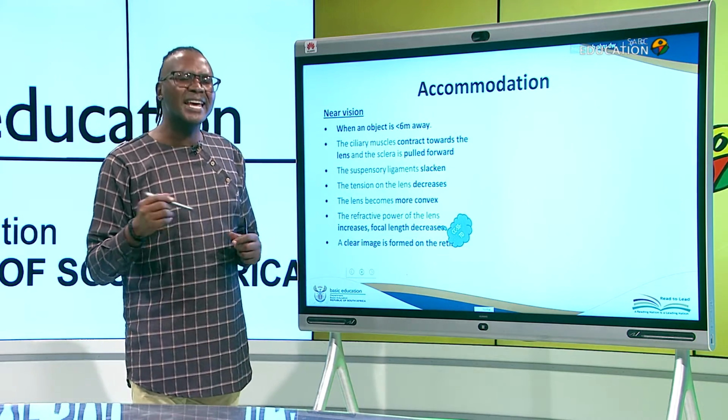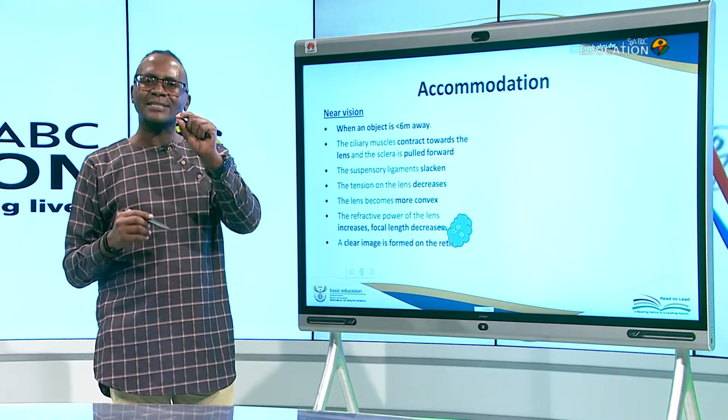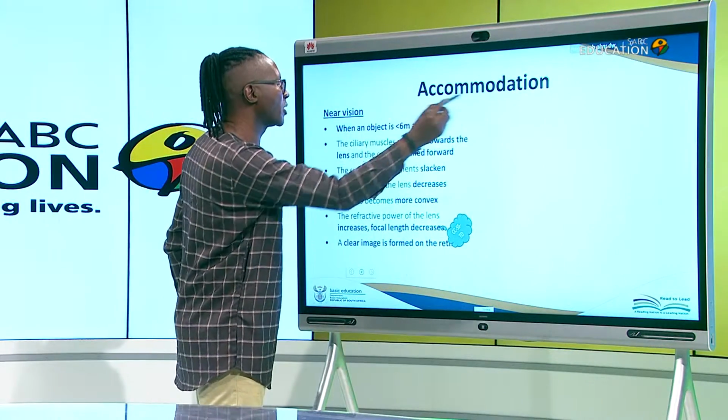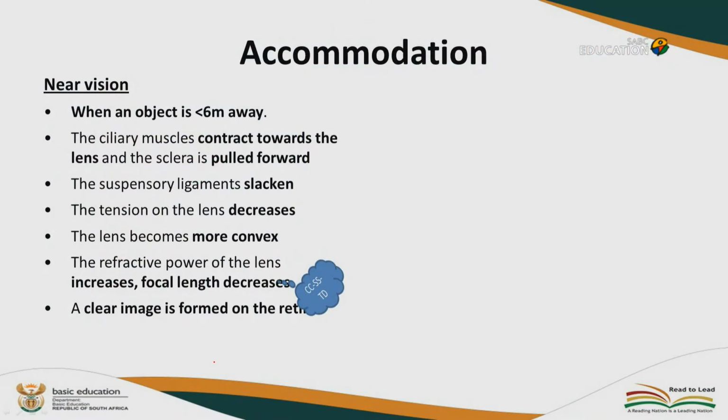Remember the parts that play a role in accommodation: the ciliary muscles, the suspensory ligaments, and the lens. When you talk about accommodation, you talk about ciliary muscles, suspensory ligaments, then the lens.